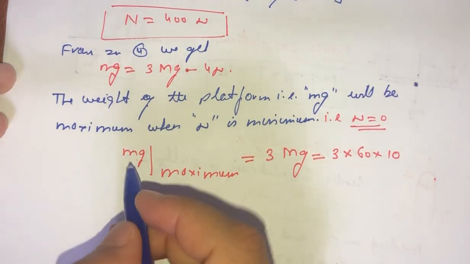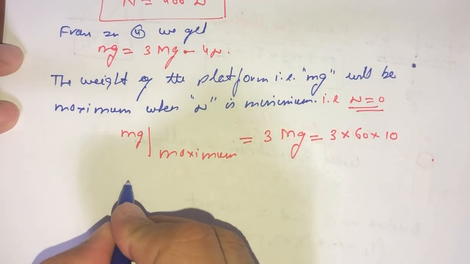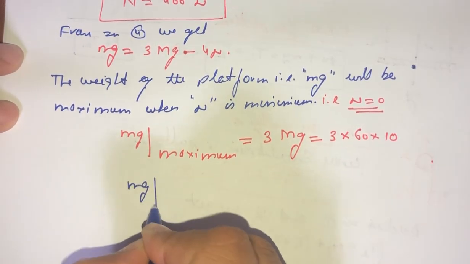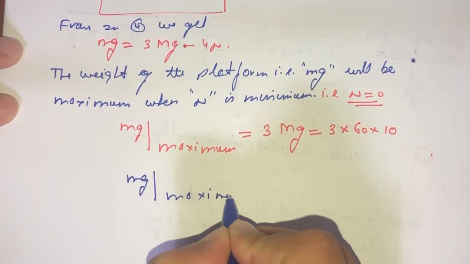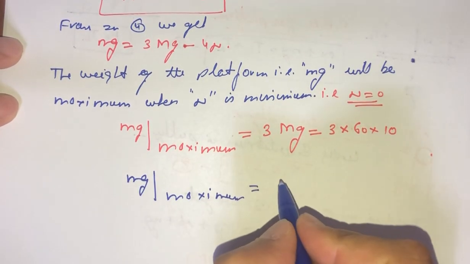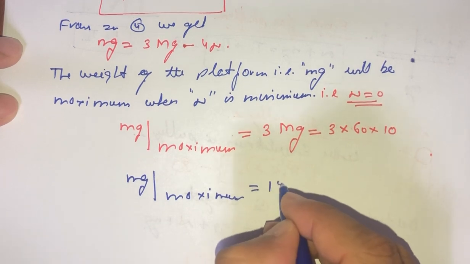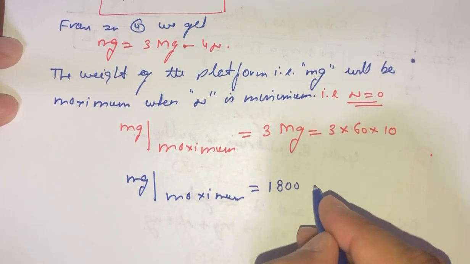So we get mg maximum will be equal to 1800 newtons.